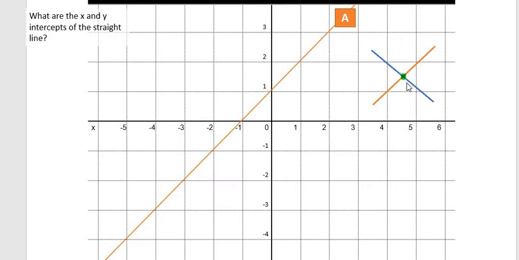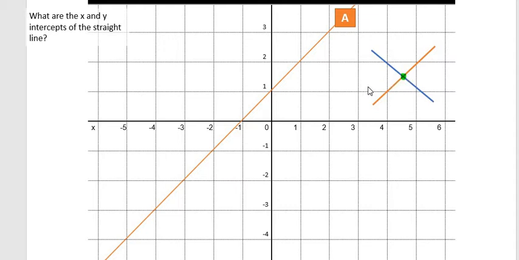So intersect or intercept could be synonymous in this situation. This line intersects this line at this point right here. The point of intersection will be the point in which they intercept.